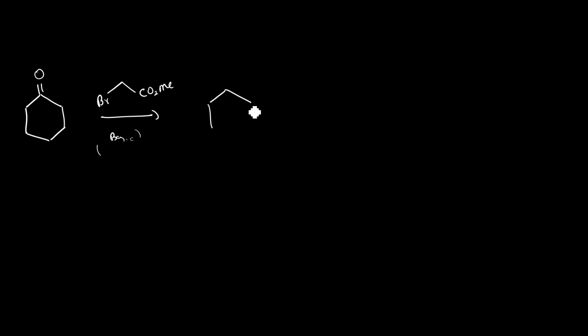If you draw your mechanism like this, in basic medium, if you draw the structure like this, this is wrong actually. This synthesis is wrong because this reaction won't occur like this.